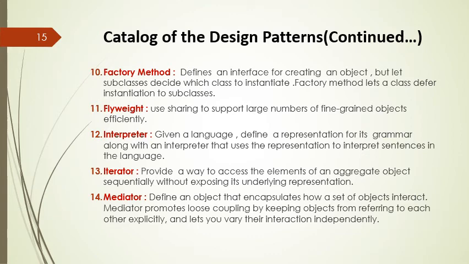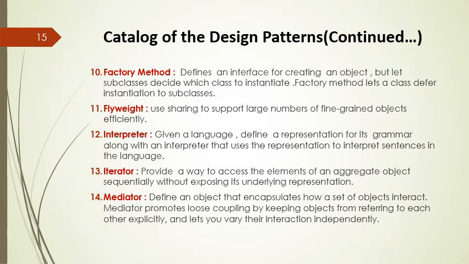Flyweight, use sharing to support large numbers of fine-grained objects efficiently. Interpreter, given a language, define a representation for its grammar along with an interpreter that uses the representation to interpret sentences in the language.